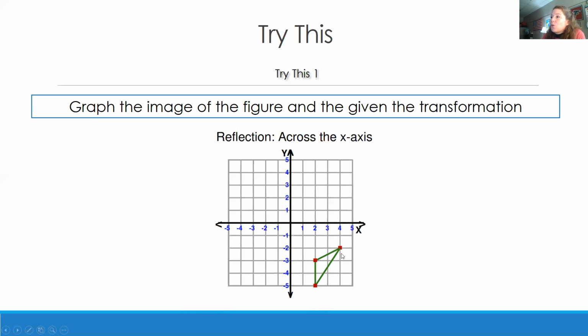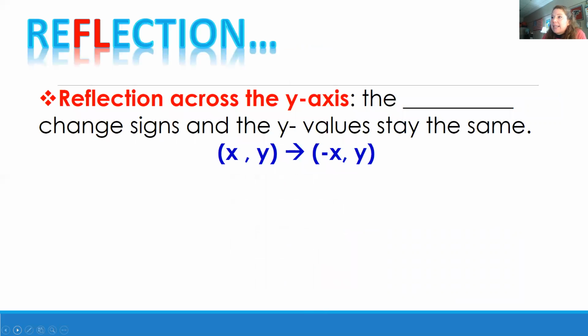So if I went across that x-axis, I'm going to go straight toward that line of reflection, counting 1, 2, 3, 4, 5 each time. If I write out those coordinates, I see that the x-coordinate does not change, but the y-coordinate becomes the opposite sign.